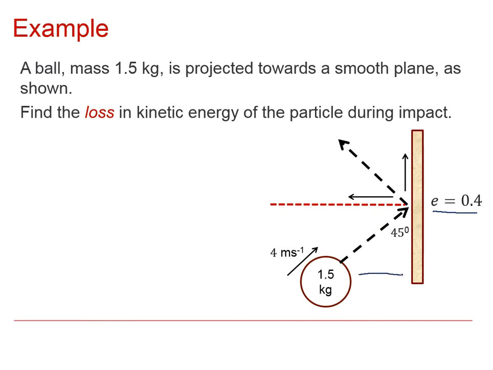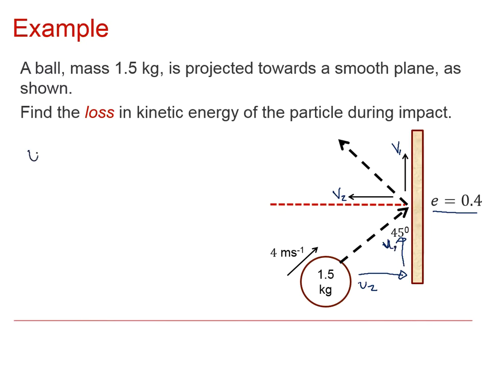So what we need to find is, we know that we've got U1 and U2, and V1 and V2. Now the speed parallel to the plane doesn't change in the impact, it's just the speed perpendicular to the plane that changes.